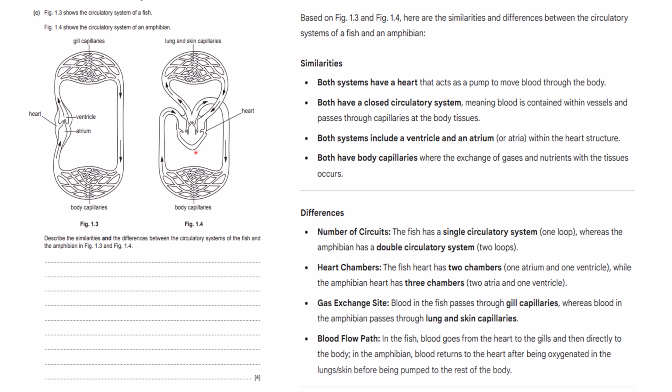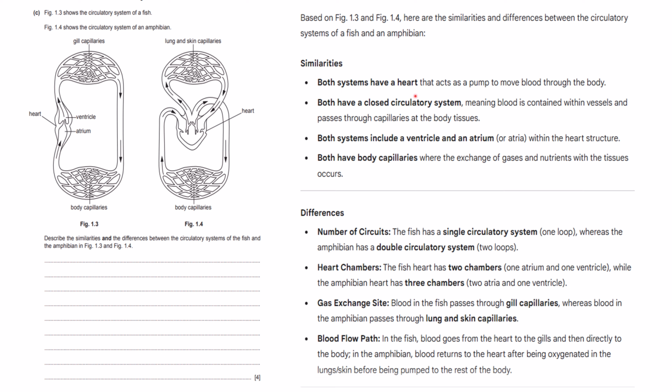So how can you write the answer for this? Because this carries 4 marks, you need to write 4 similarities and differences. Based on figure 1.3 and figure 1.4, here are the similarities and differences between the circulatory system of a fish and an amphibian.